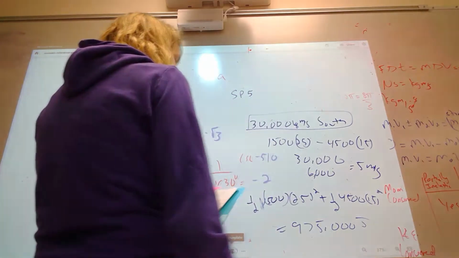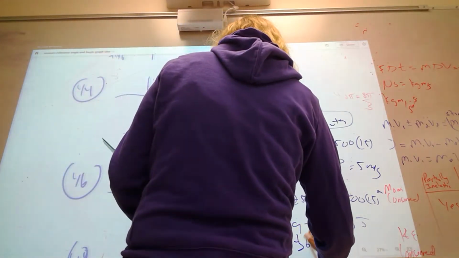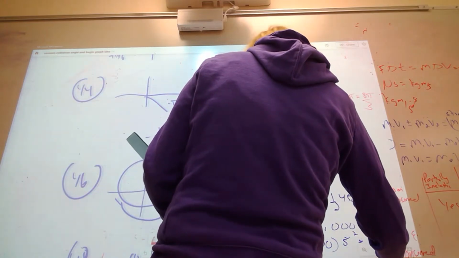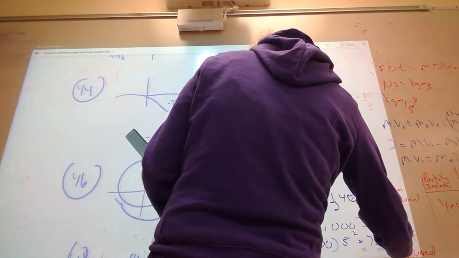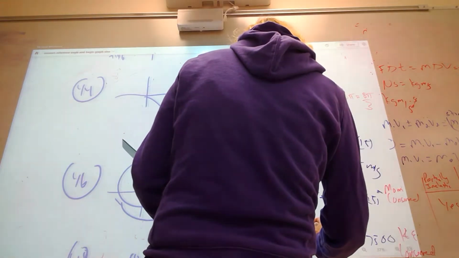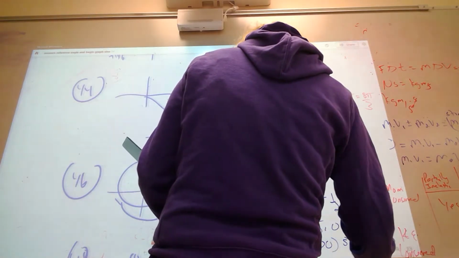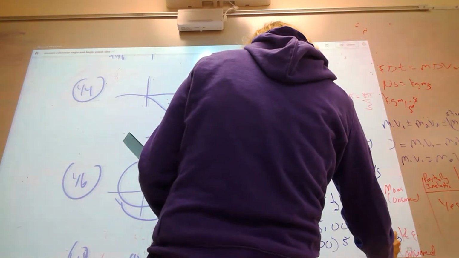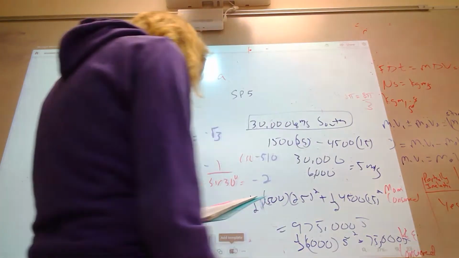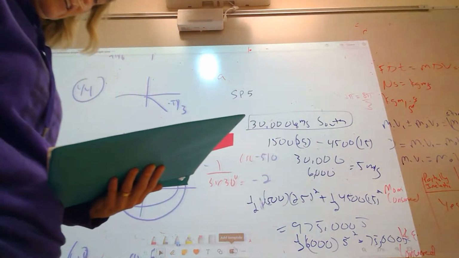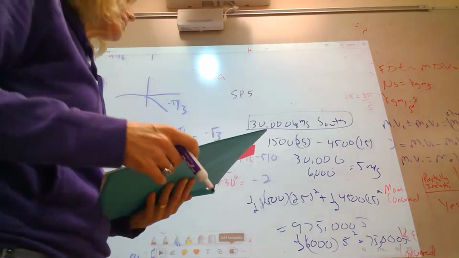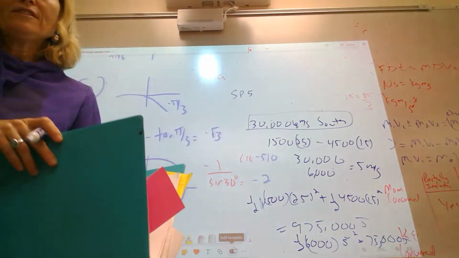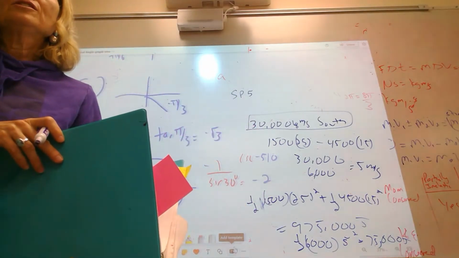Then after the collision, you have 1/2 times 6,000 times 5 squared. You get 75,000 joules. The collision is inelastic. The vehicles stuck together and kinetic energy was not conserved, so it is not elastic. You need to know all that stuff for the test Monday. Do you understand?